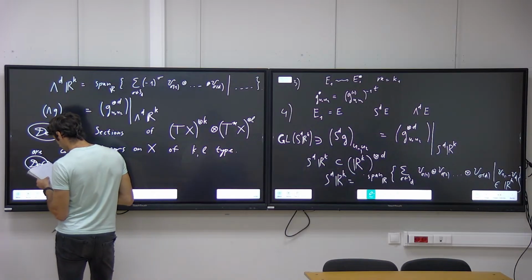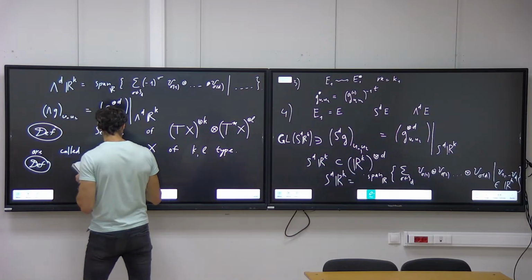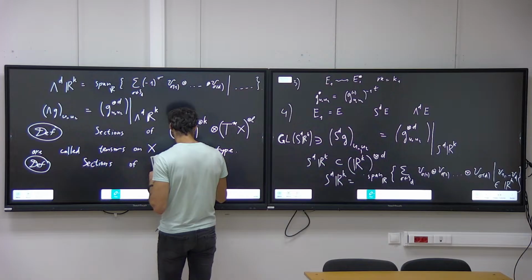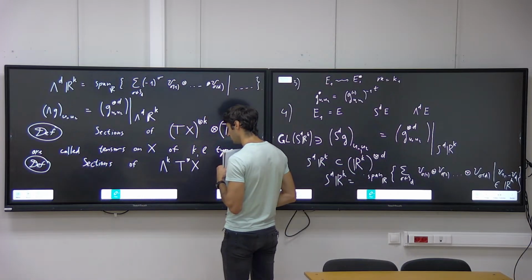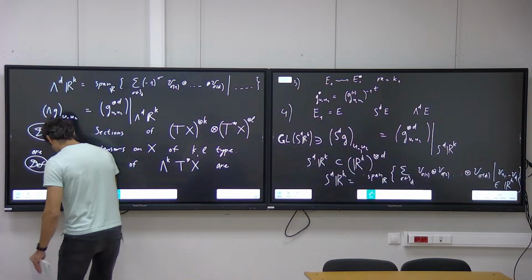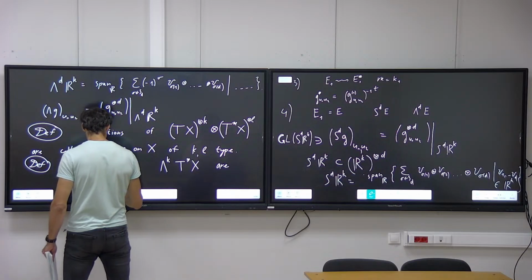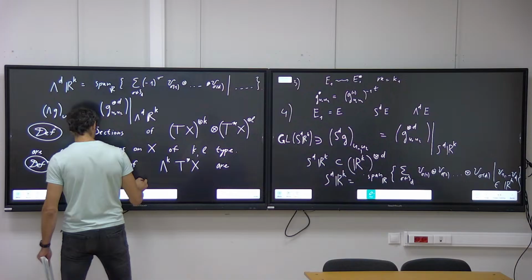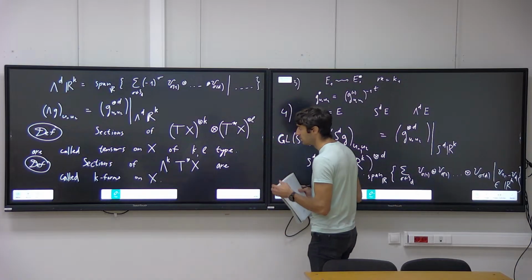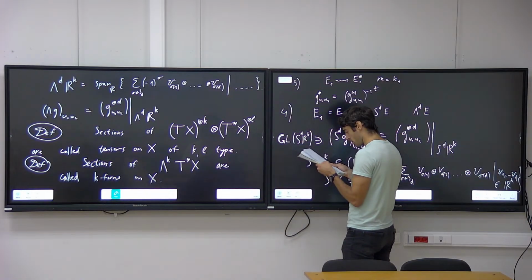So K-forms, so sections of lambda K T star X are called K-forms, or differential K-forms on X. Yes, okay. One more thing.